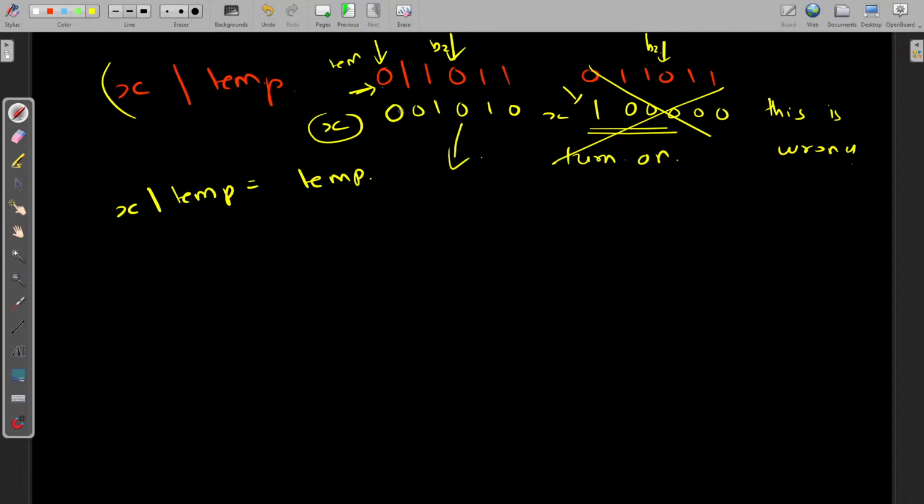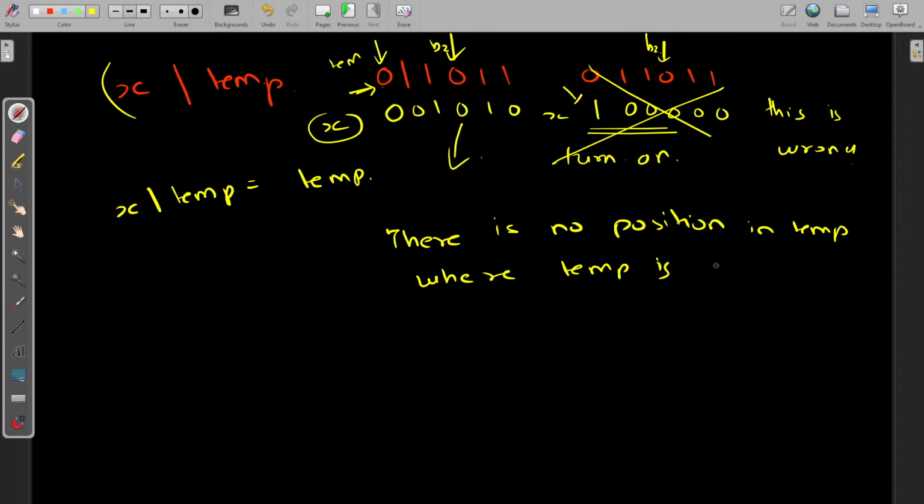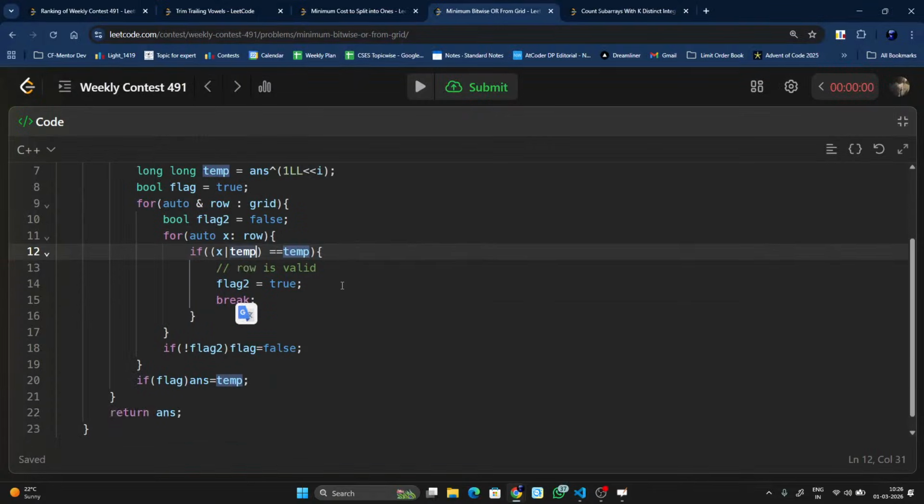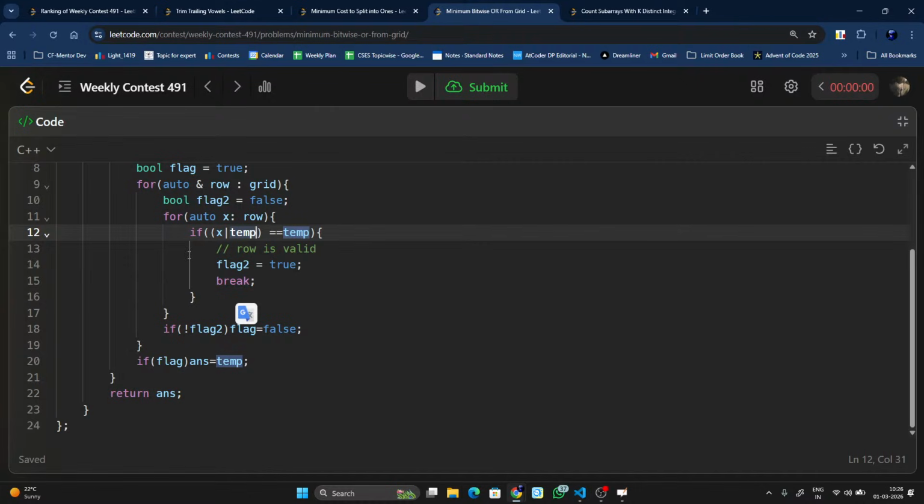That means there is no position in temp where temp is 0 and X is 1. So we are checking for this particular condition over here.